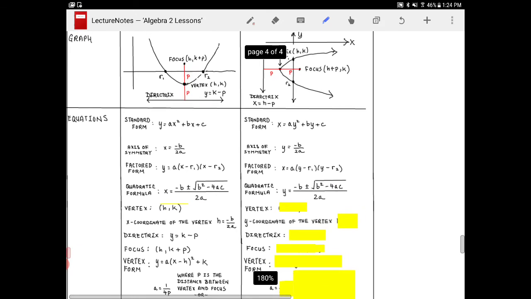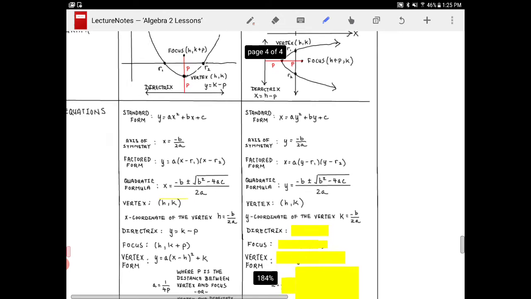It's just everything is expressed in terms of y. The vertex of the horizontally oriented parabola is again still h comma k. However, this time the axis of symmetry is going to be a horizontal line, y is equal to k, where k is equal to negative b over 2a, k being the y coordinate of the vertex.